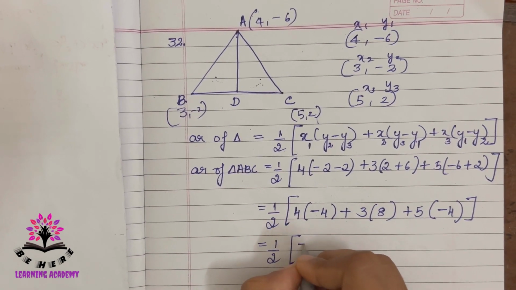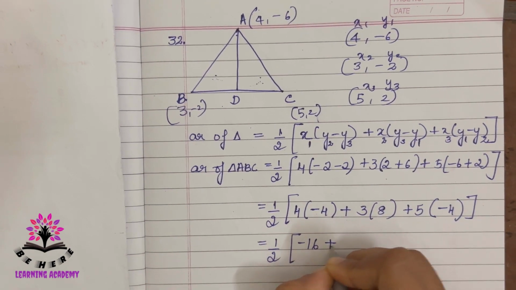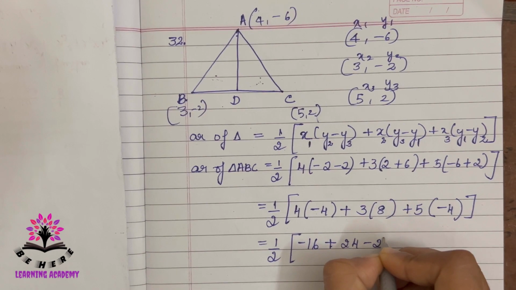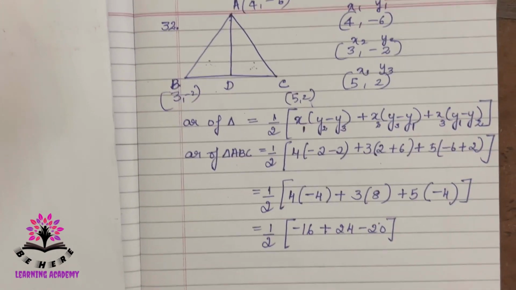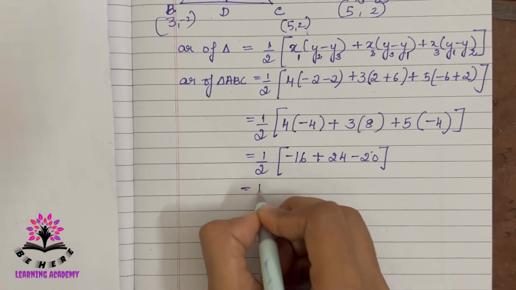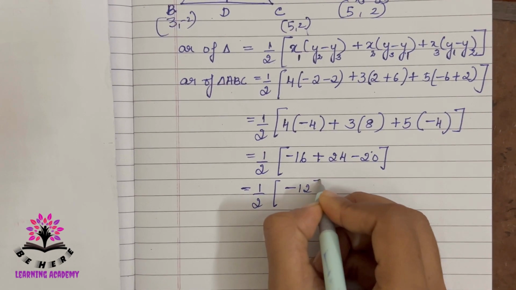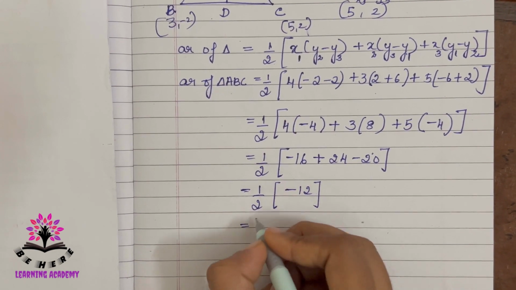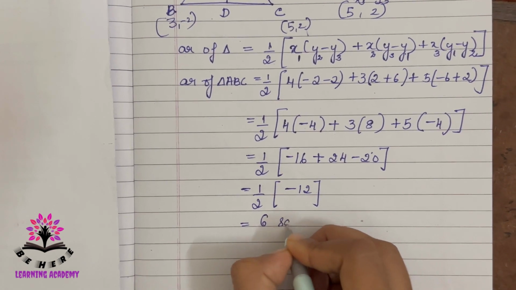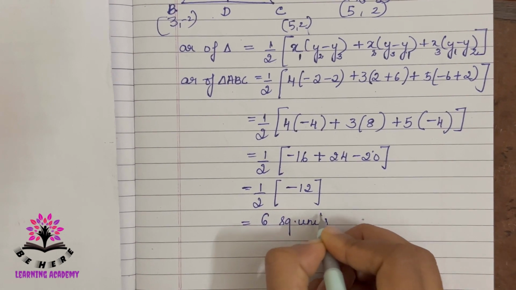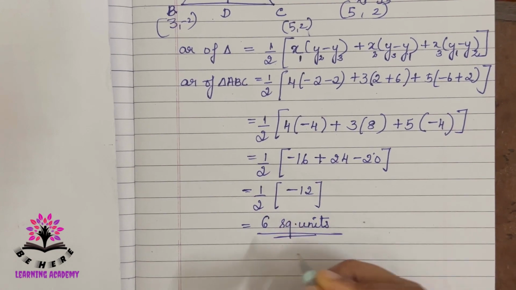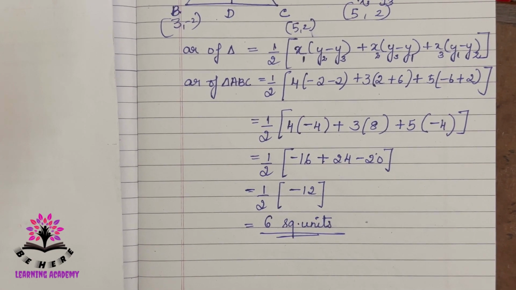Minus 16 plus 24 minus 20, half into, the answer will be here minus 12. So it will be 6 square units. Since it is area of the triangle, we have to consider the positive sign here.